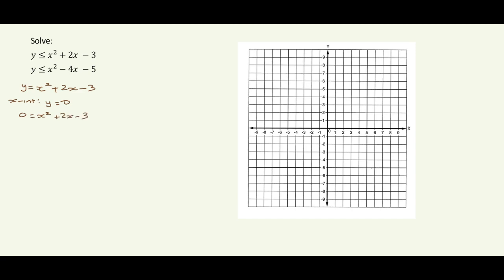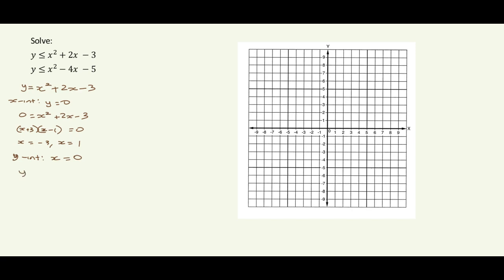We're going to factor this. We have x plus 3, x minus 1 equal to 0. So x equal to negative 3, x equal to 1. And then the y-intercept, x equal to 0.